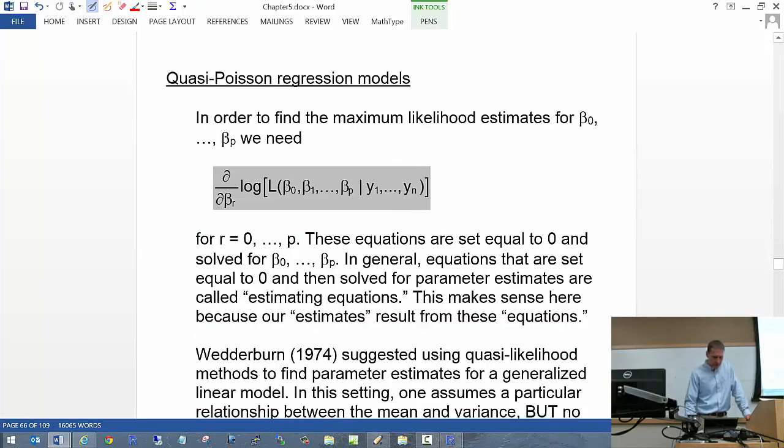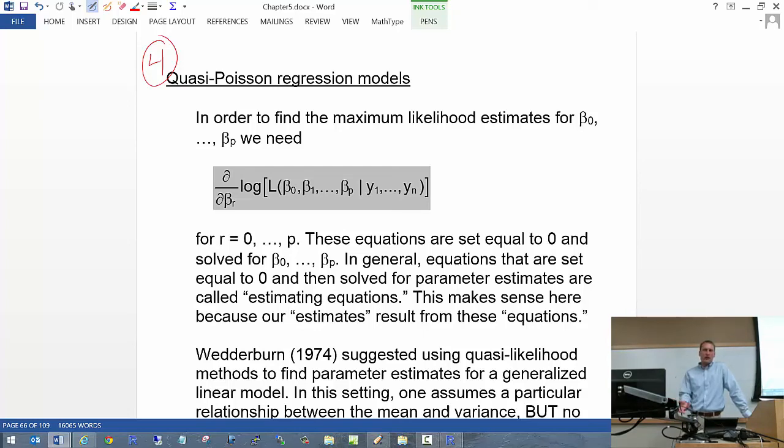So let's look at what we can do. So this is that method number 4, the Quasi-Poisson regression models. Okay, so it's going to take a little bit of development here to get to the main point. If you remember, when we do maximum likelihood estimation, we find the log likelihood function.